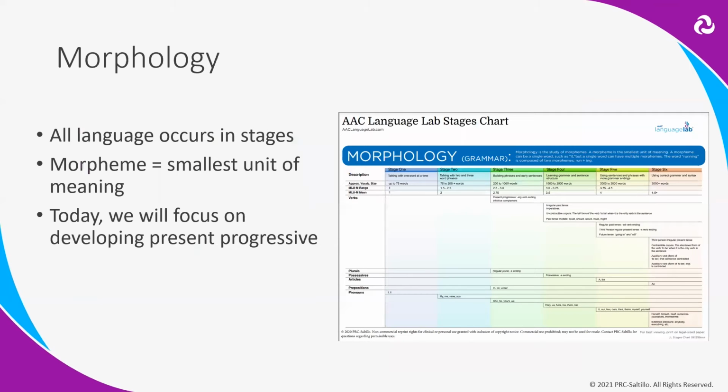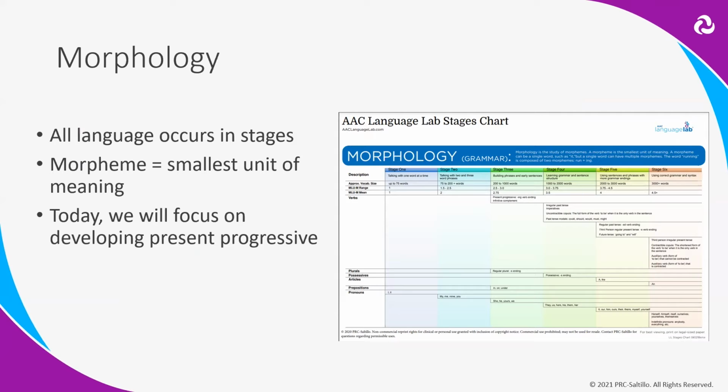So with that, let's talk a bit about morphology, and specifically for this evening, as another stepping stone to AAC training, we're going to highlight a different structure of language in that intermediate, second-step session.